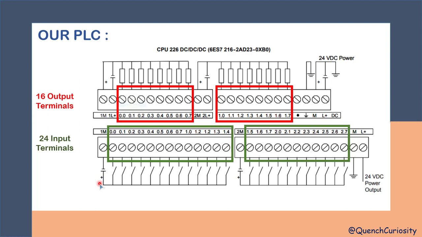We will try to understand the concepts of sinking and sourcing and how we can apply them to our PLC and wire them. As of now, this is our PLC. The wiring and all, no need to worry about it. We will study it in the coming classes. I'll show you practically how to wire it and we will discuss sinking and sourcing there itself.